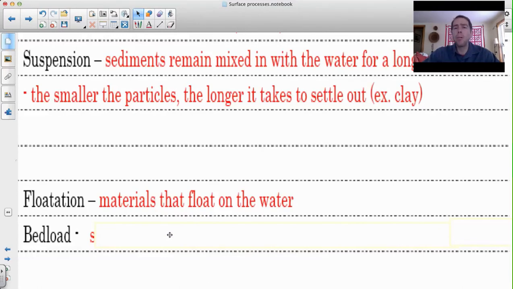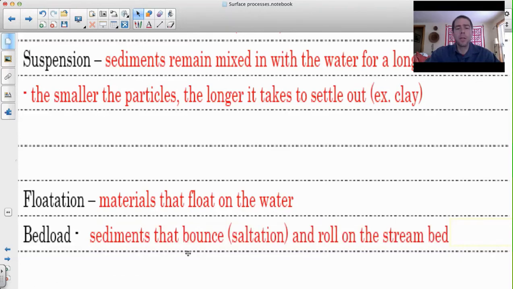And then the bed load is also something that's called saltation, where the things aren't being picked up and carried, they're just sort of rolling around on the bottom of a stream. So as the stream is flowing, the biggest particles, the water may not be moving fast enough to pick them up and carry them, but they'll roll along on the bottom of the stream. They'll just sort of be pushed along on the bottom.